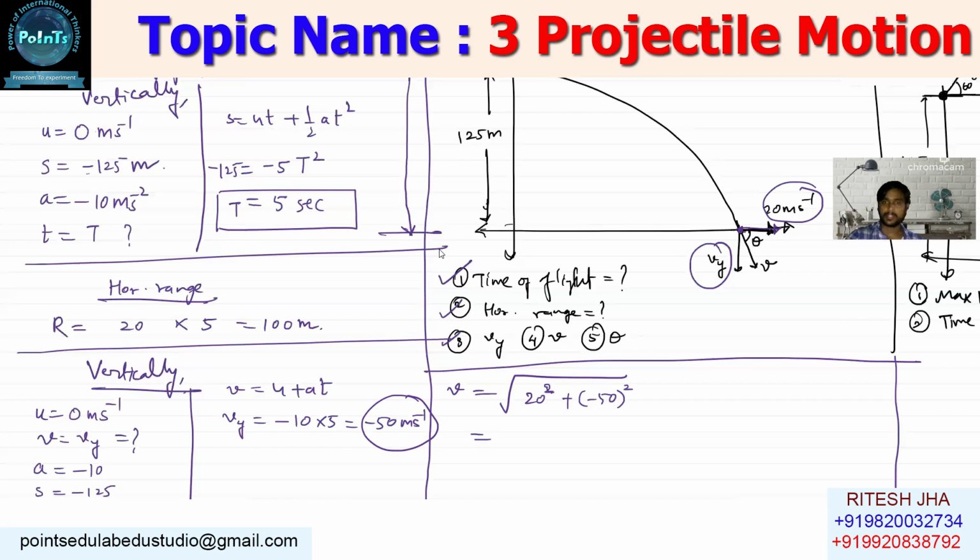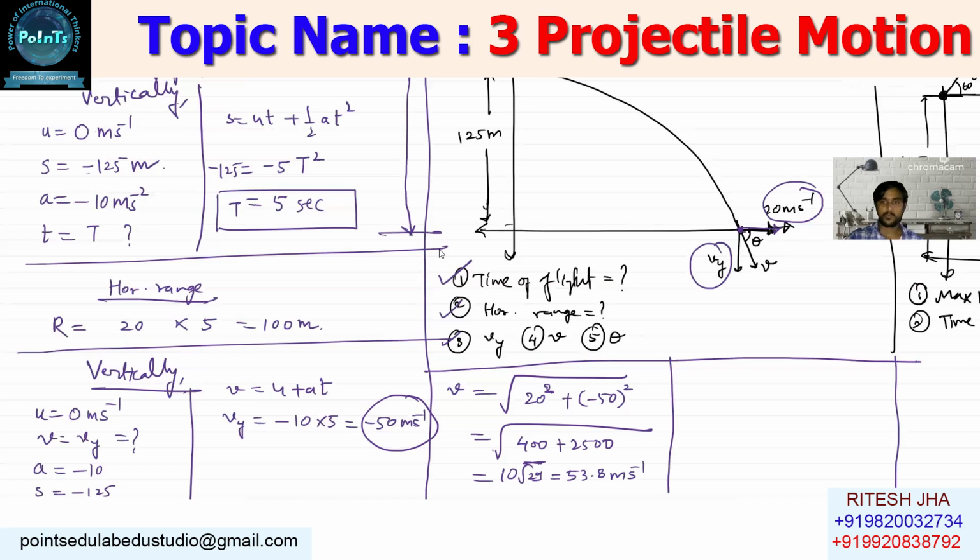Do you understand which formula we are using? Pythagoras. So this is 400 plus 2500, that is 2,900. The square root of 2,900 gives 53.8.